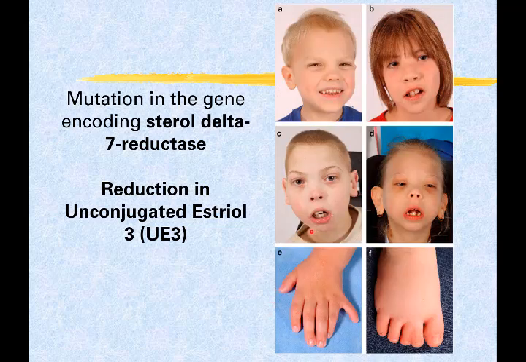These are pictures of some of the children with this defect, the multiple congenital anomalies, which show all the symptoms that I listed in the previous slides. Mutations occur in the gene encoding sterol delta 7 reductase. If we detect it in maternal serum screening, pregnancy termination is in order, but we have to receive a fetal sample to detect the mutation for future pregnancies.